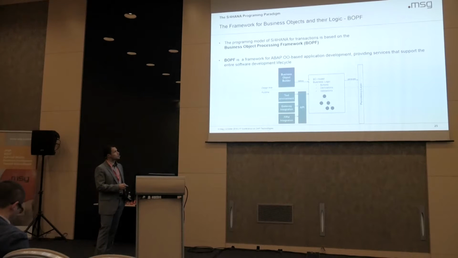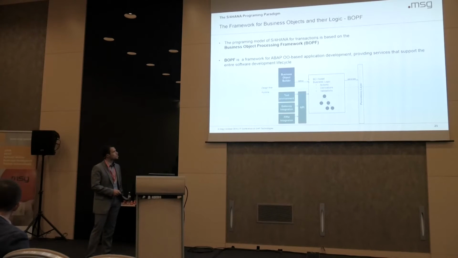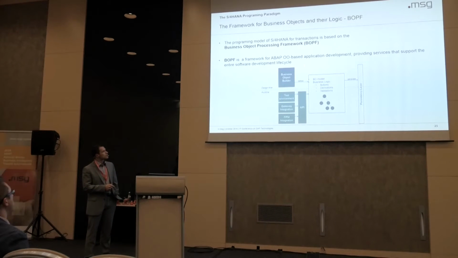You have support within the development, within the design time, and you also have some additional services concerning testing and concerning interaction with the business objects using an API. So what you have is, you have a design time, you have a business object builder, and here you define your business object, something like this data model that we defined, right?